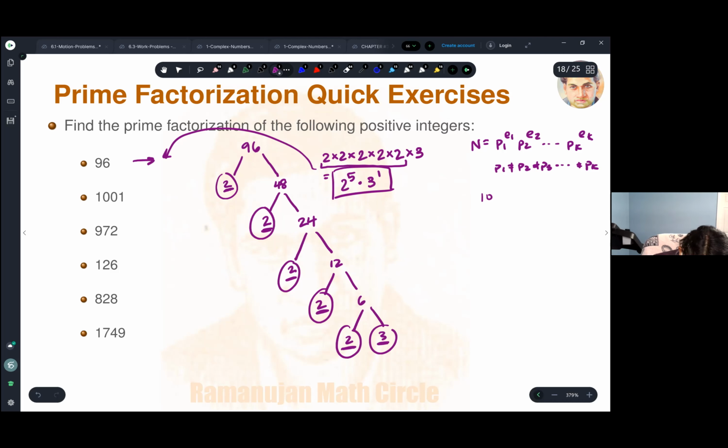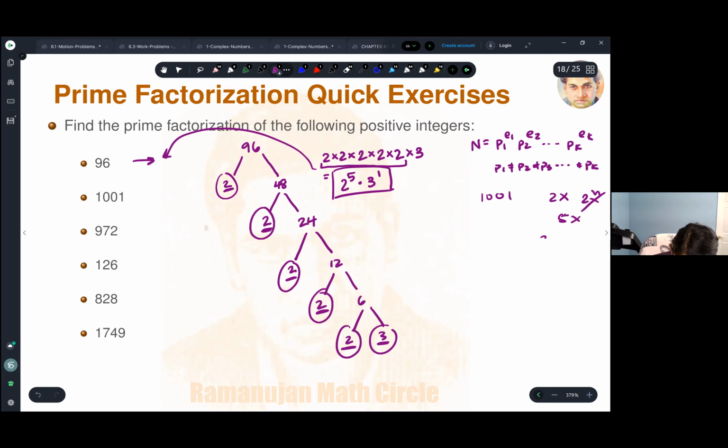So 1001 now. Here it doesn't seem like we could really do 3, so let's test out numbers. We're going to do 2. It doesn't end in an even digit, so it's not divisible by 2. It's not divisible by 2 to the power n either. It's not divisible by 5. So those are the first easy checks.